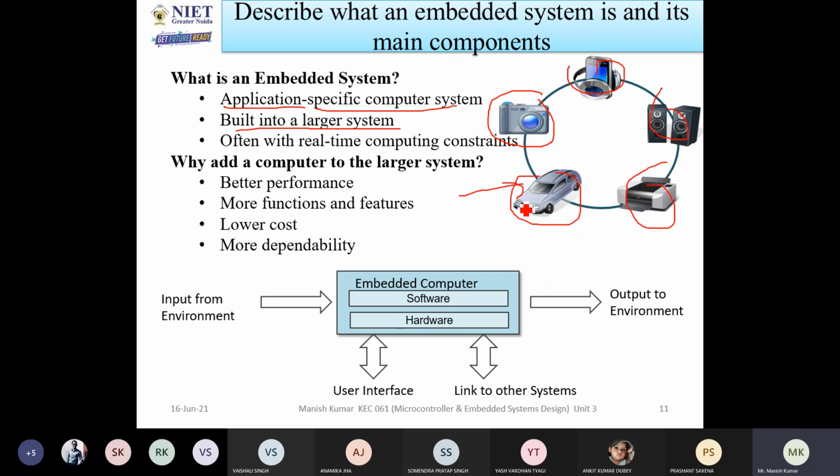So that's why in larger systems, you provide the embedded system.